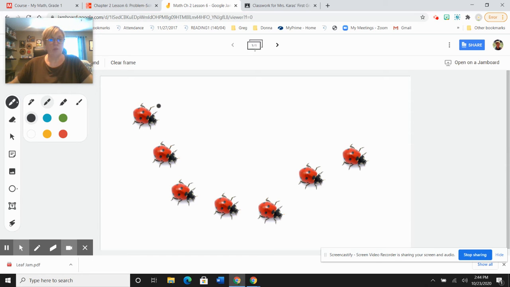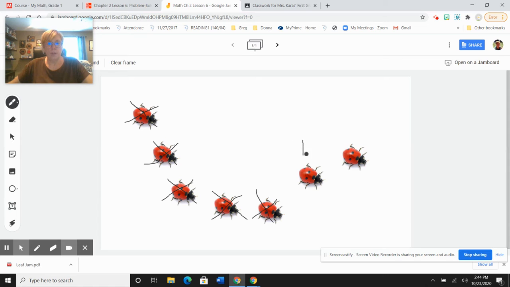So 5 of them are flying away. 1, 2, 3, 4, 5. So 5 of them flew away. All right. How many ladybugs are still on the paper? Well, let's count. 1 and 2. So 2 ladybugs are left. That's one way that we can have a strategy, by having something here and Xing them out.